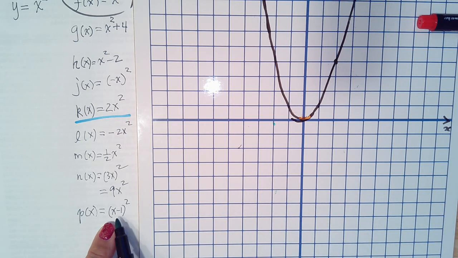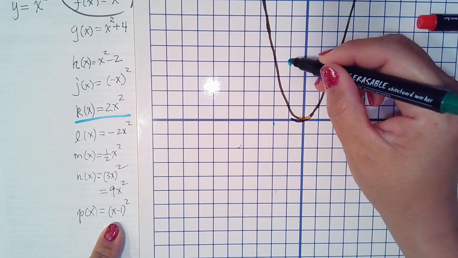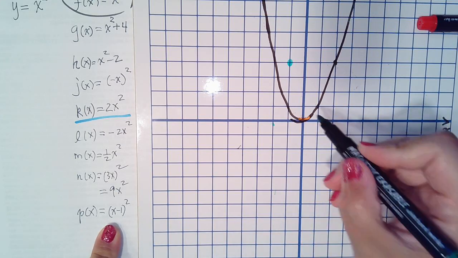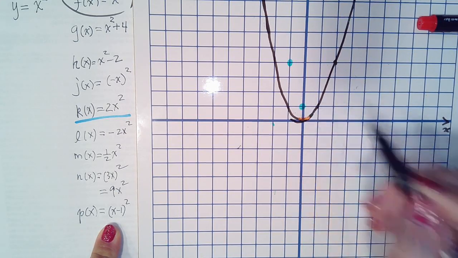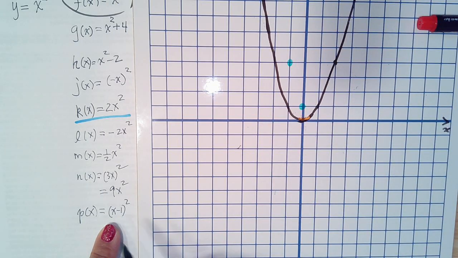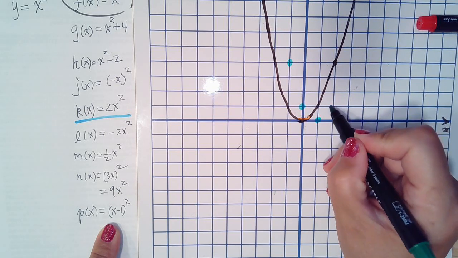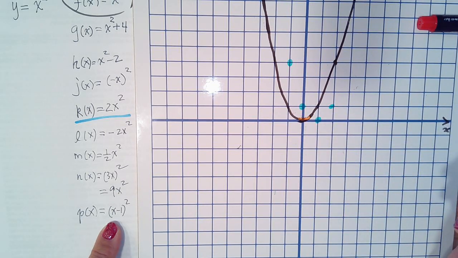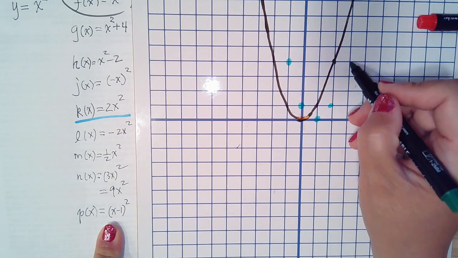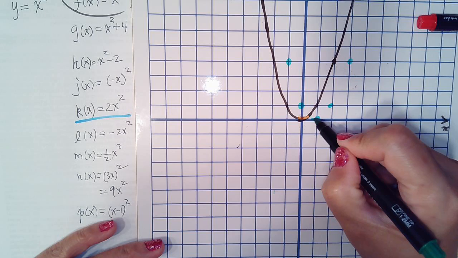When x equals negative 1, that's negative 1 minus 1, which is negative 2 squared, so that's a 4. When x equals 0, 0 minus 1 is negative 1, squared is here. When x equals 1, 1 minus 1, that is 0 here. When x equals 2, that's 1. If you like, you can try another one when x equals 3. 3 minus 1 is 2, 2 squared is a 4. Now when you graph, it looks like this.